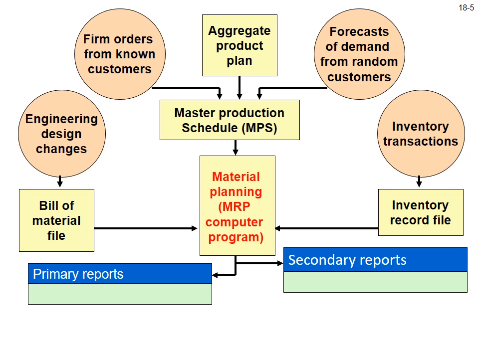We also include the inventory transaction or inventory record file and engineering design changes in the bill of materials file. After that, the program determines the primary report and the secondary report, which are the output of this program.